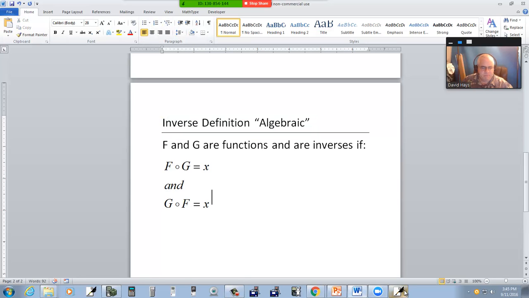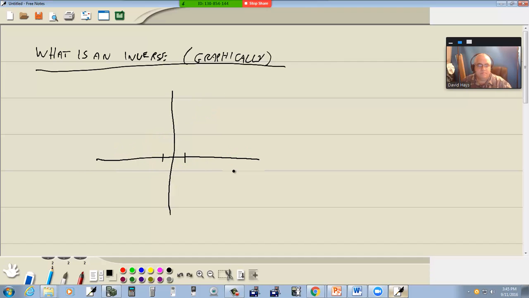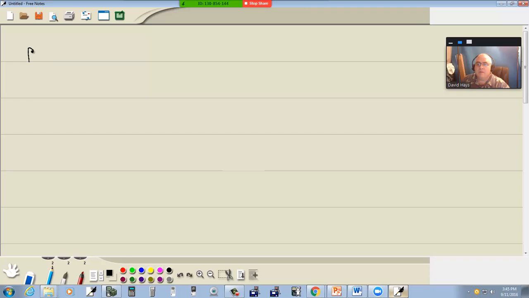For example, let me clear this off. If I have f of x is equal to 2x minus 1, and g of x is equal to 1/2 x plus 1/2, and the question is whether these are inverses of each other, well, I'll find the composition of f and g first.